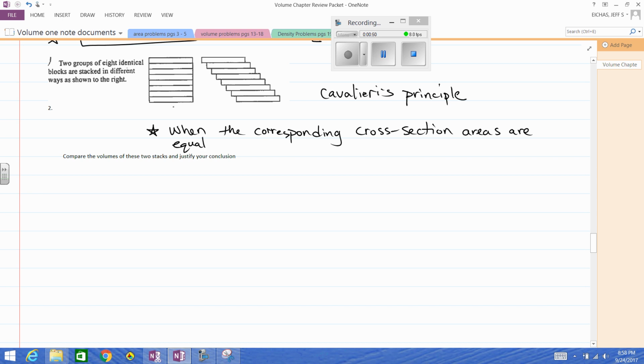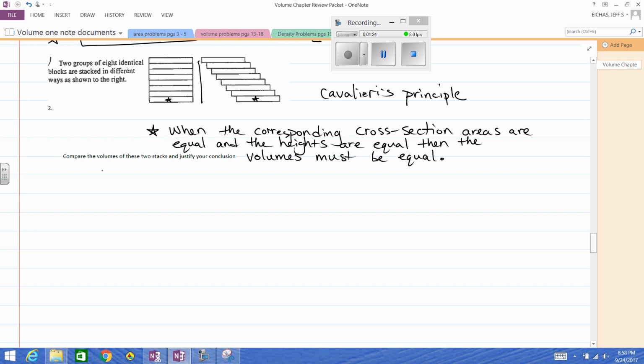And what they mean by that is that you've got these blocks. So this is the first block. It's got a corresponding block that's equal in area to it. So when the corresponding cross-section areas are equal and the heights are equal, the overall height for all of it, then the volumes must be equal.